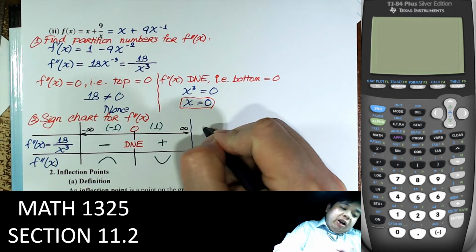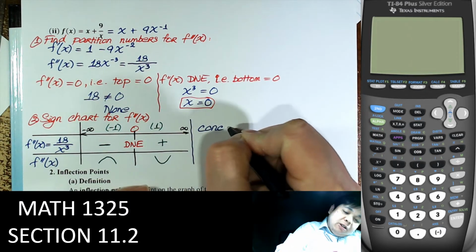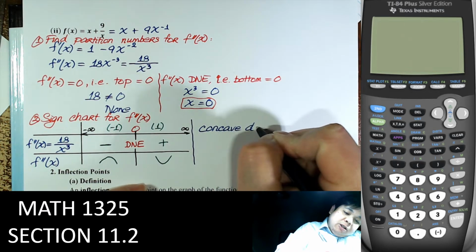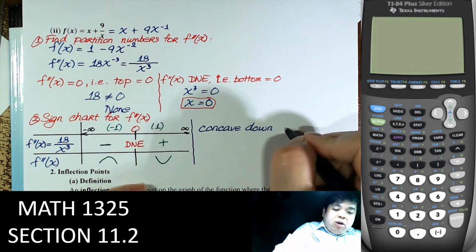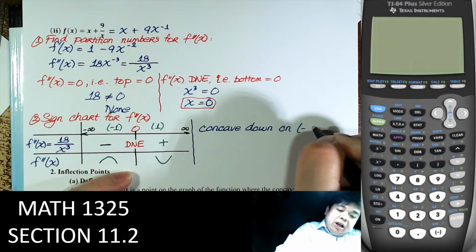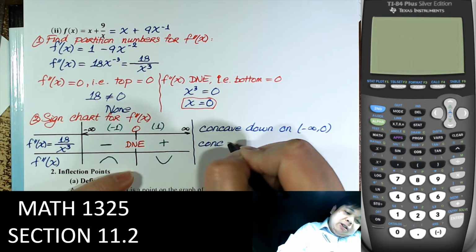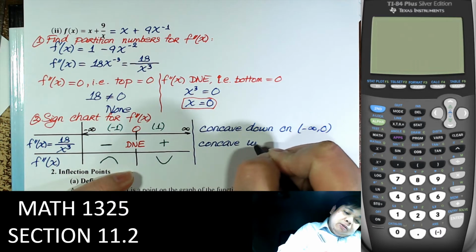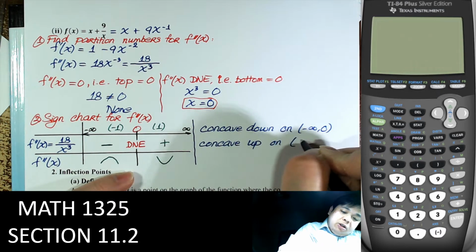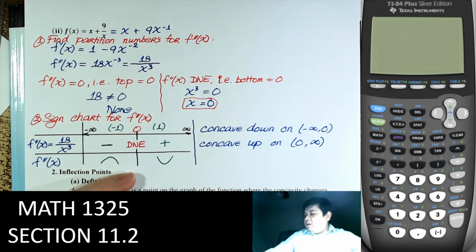So we say concave downward on negative infinity to 0 and concave up on 0 to infinity. Pretty straightforward.